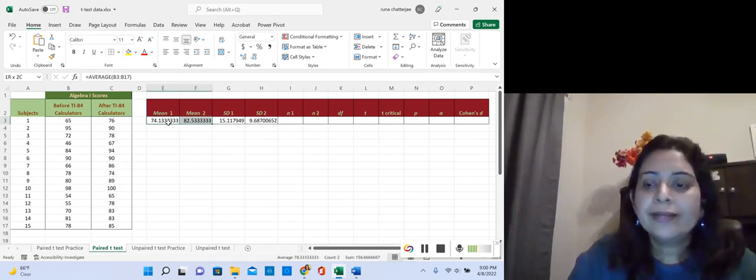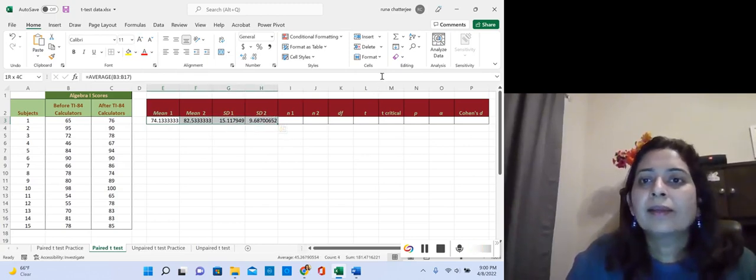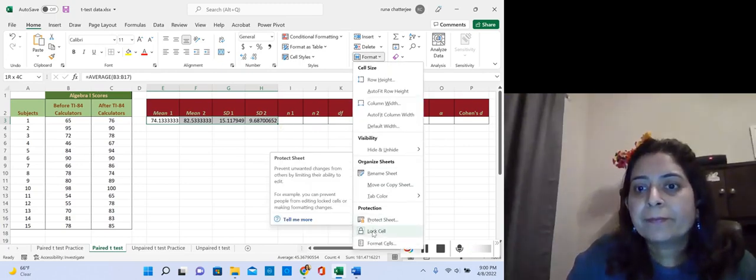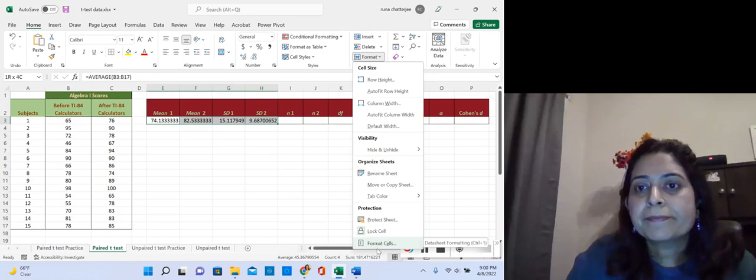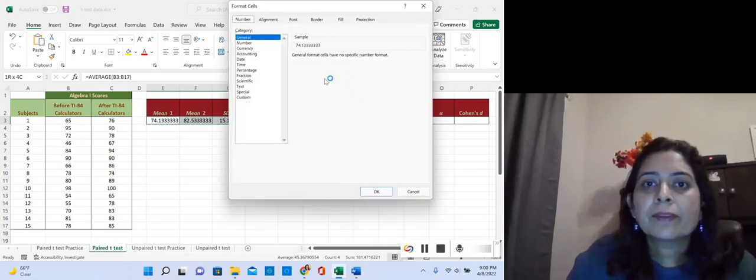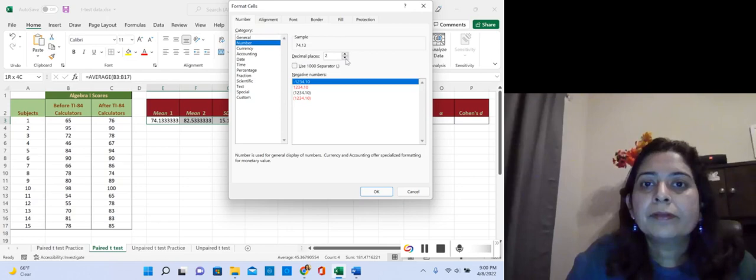And we can go ahead and convert these numbers into a little friendlier looking format. Number, two decimal places is good.